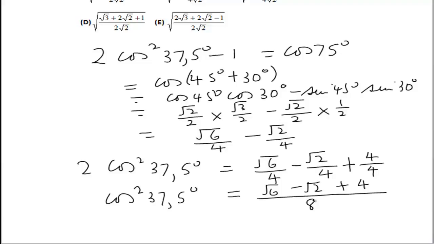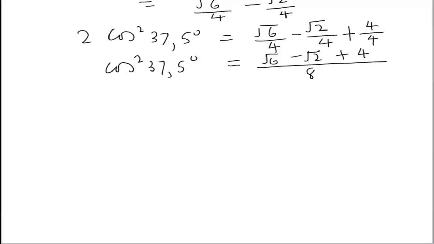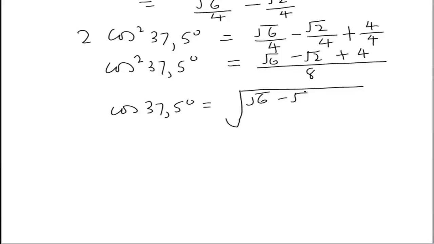Then I need to find the square root of all that, so I'll get cos of 37,5 degrees. You won't get plus or minus because that's an acute angle, so you'll get the square root of root of 6 minus root of 2 plus 4 all over 8.